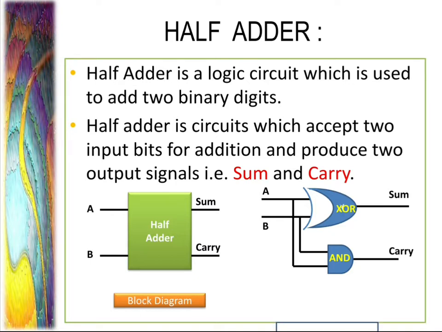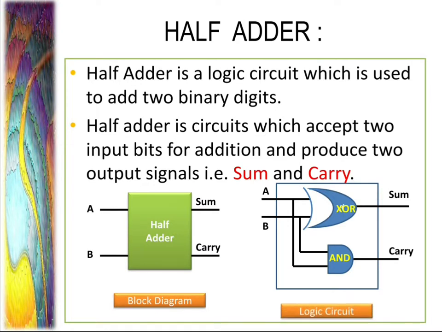On the right hand side we have our logic circuit, and on the left hand side we have our block diagram. In the logic circuit, I told you that we have an XOR and an AND gate. But why is it required? I want to tell you with the help of the truth table first of all.